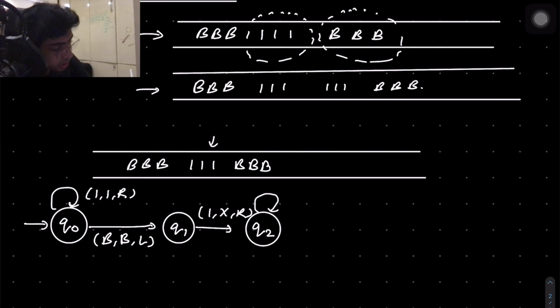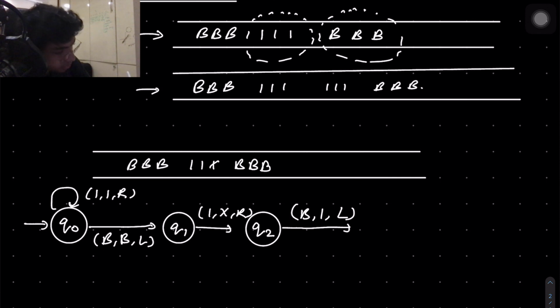Now just in case, let's just go instant by instant, not cover the whole picture right now. So I made this 1 into an X, and now I'm at a B. If it's a B, then convert the B into a 1 and then go left.